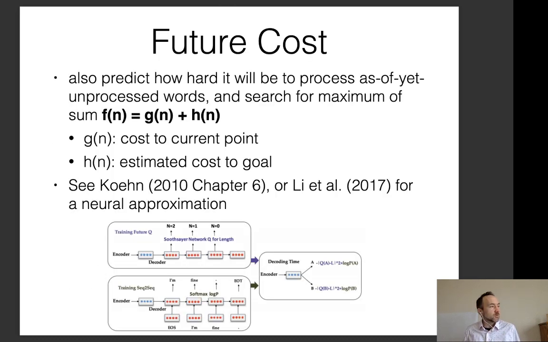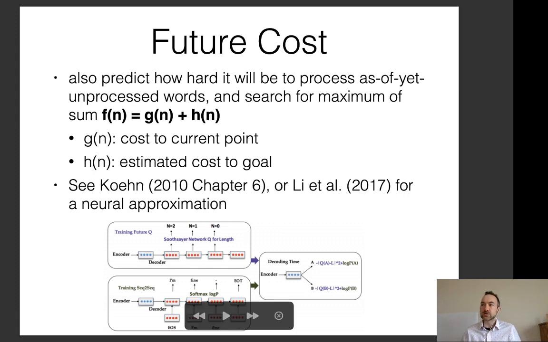One other important question to ask is how large of a beam size we would need to do effective search in models. I think the answer is that it varies depending on the strength of your model and the difficulty of your search problem.